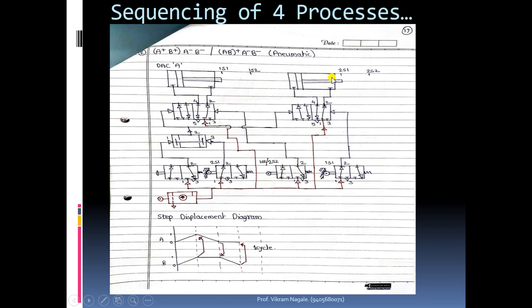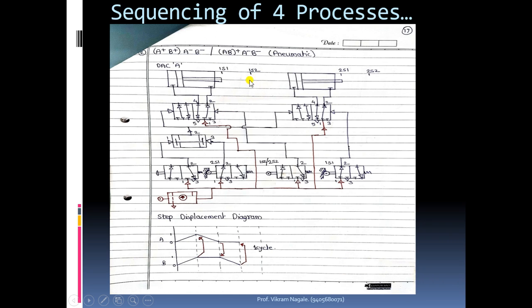After completion of these two processes or one task, we can take a feedback from any of the positions. That is, either we can take a feedback from the 1s2 position or from the 2s2 position. So here you can see I have written 1s2 or 2s2, and whenever this 1s2 or 2s2 is getting pressed, the connections will shift to the left side and it will go to the right side of this valve.